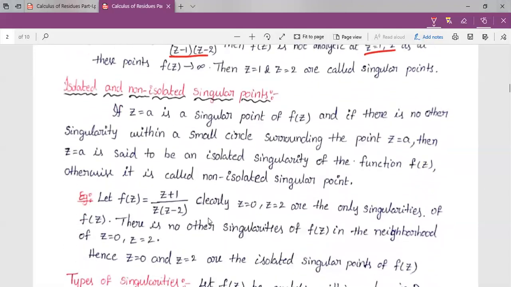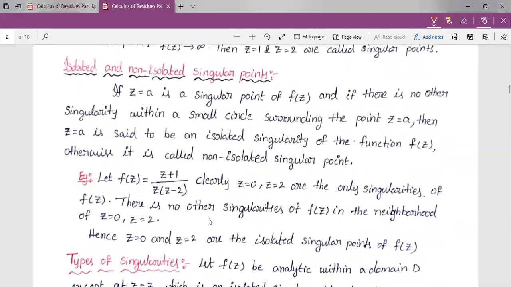The next definition: isolated and non-isolated singular points. If z equal to a is a singular point of f of z, and there is no other singularity within a small circle surrounding the point z equal to a, then z equal to a is called an isolated singularity of the function f of z, otherwise a non-isolated singular point.